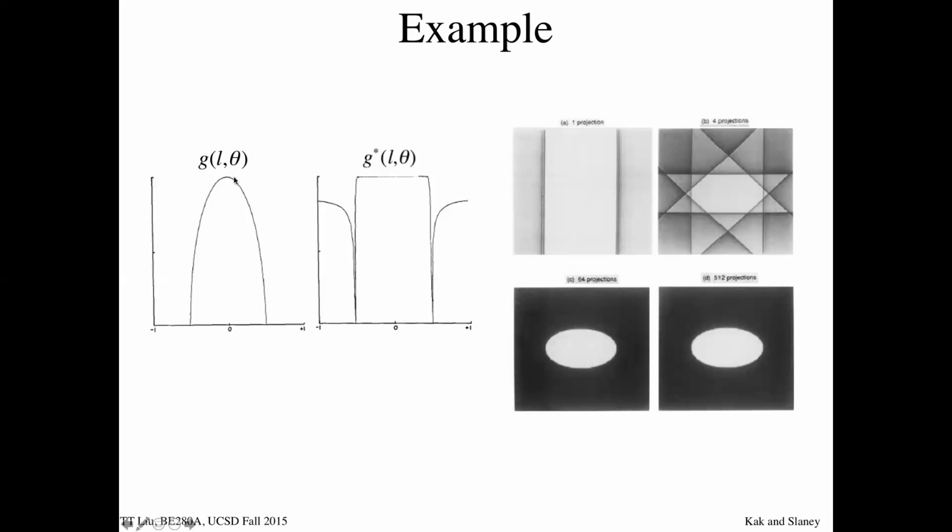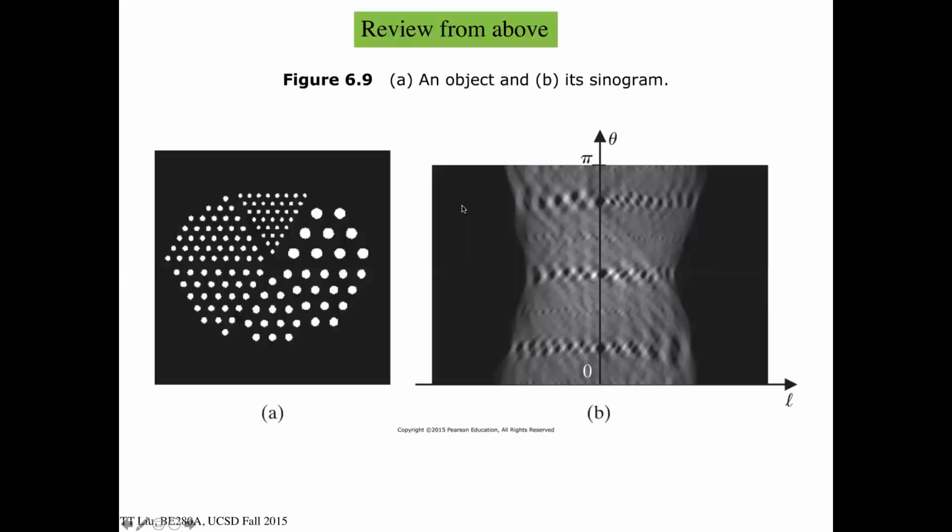It's an interesting thing. We'll look at artifacts later, and if you have a little blip, some problem on your data, like some noise blip, when you do the convolution, that becomes a very large thing. And so it back projects a lot of noise into your image. So it's something we have to take into account.